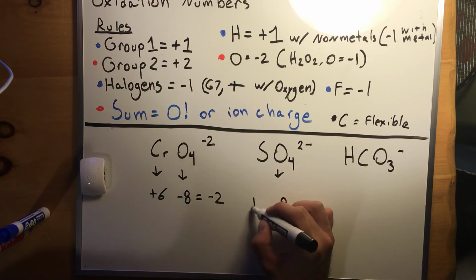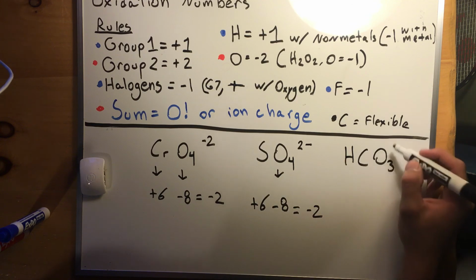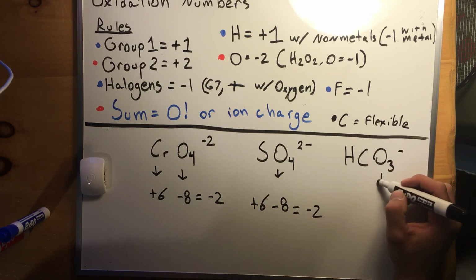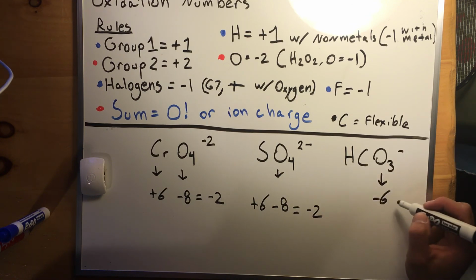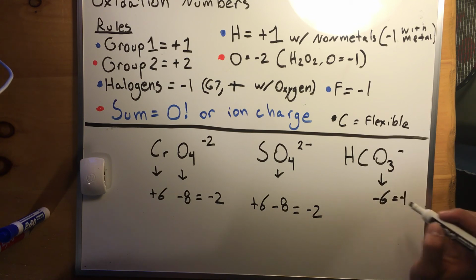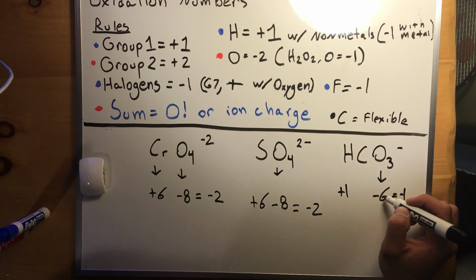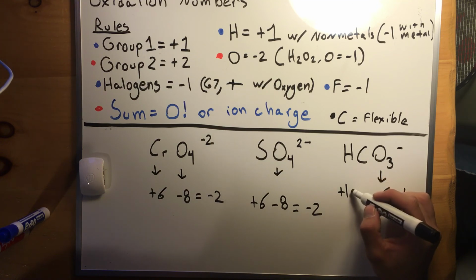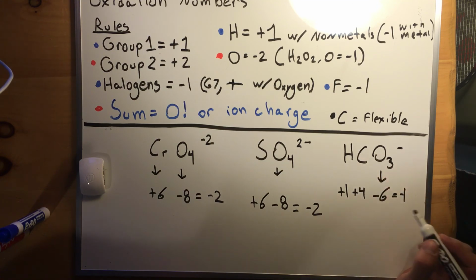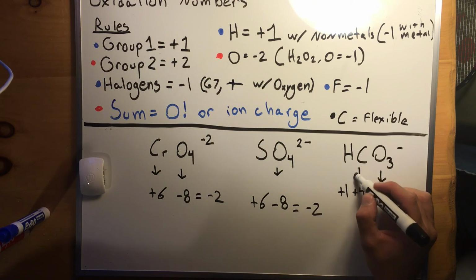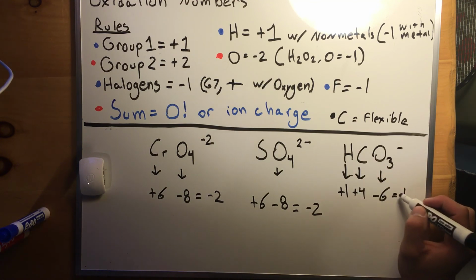Boom. Sulfur again, +6. Let's see, we have 3 oxygens. Well, that's -6. We need to equal -1. Hydrogen's a +1. Well, the difference there, +1, -6. This must mean that carbon is +4, leaving just 1 minus.